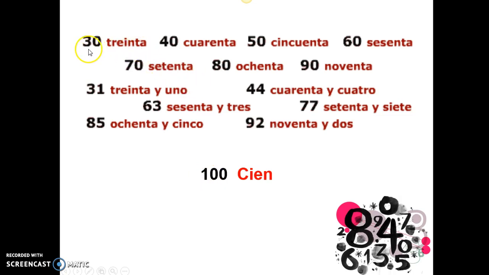So after 30, it is kind of easier to write the numbers, or spell the numbers. So, for example, 31 will be like 30 and 1. 31. Okay? So if you have, for example, 34, it will be 34.